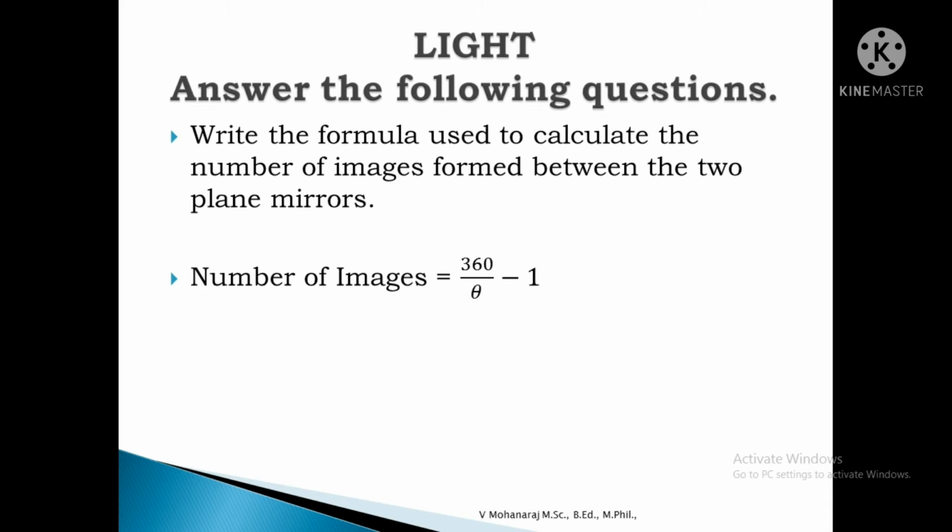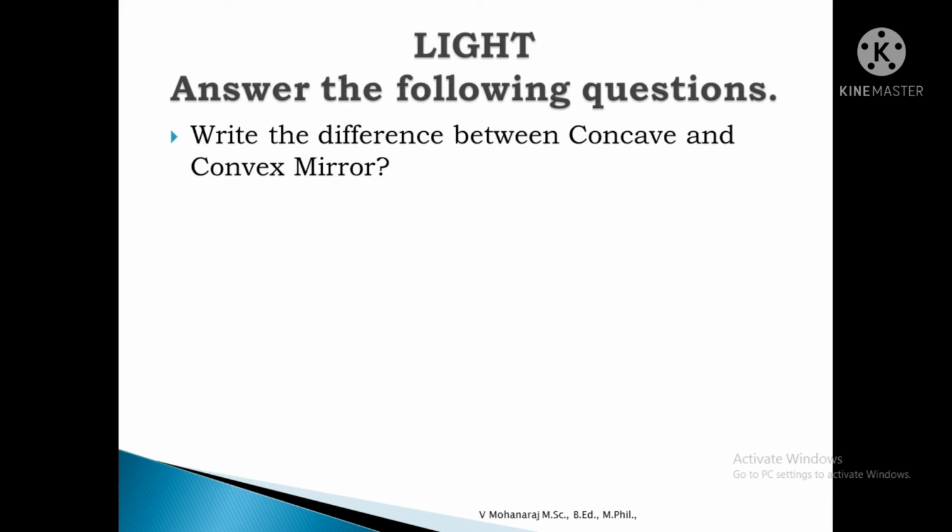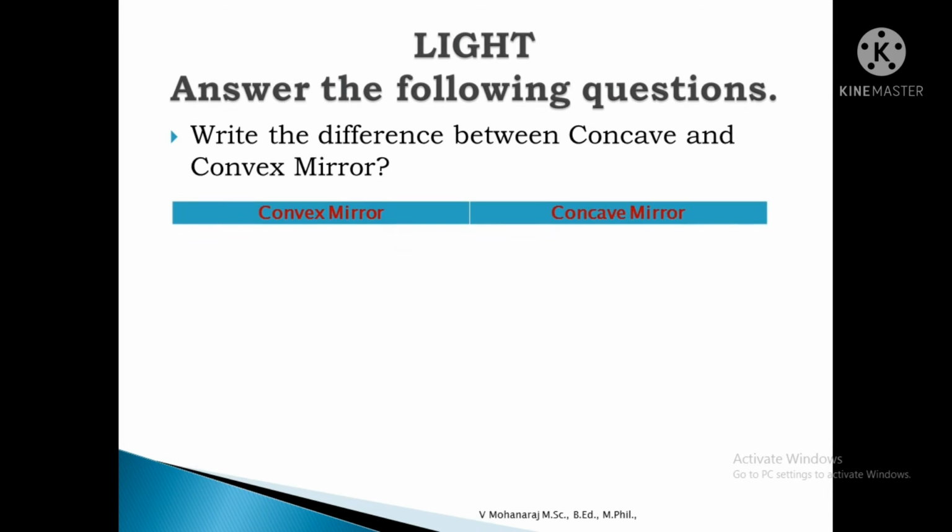So number of images equals 360 by theta minus 1, where theta is the angle between the mirrors.